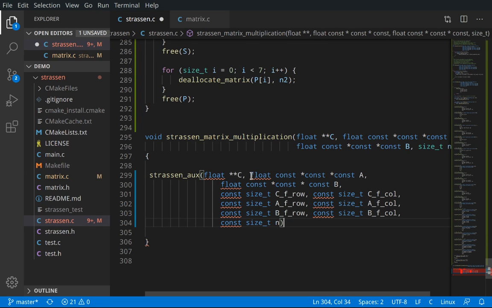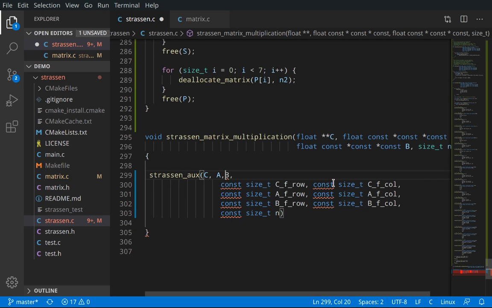This is an internal API, while the signature of the Strassen matrix multiplication is external, meant to be used by users. This is quite easy to achieve.